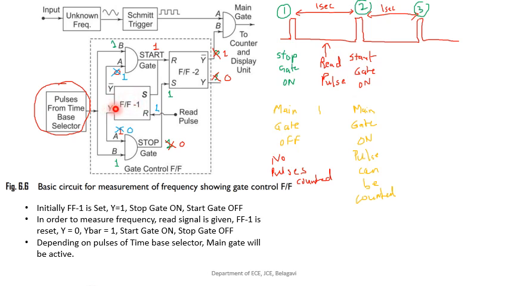So again you will get a 1 here, and again a 0 here. But it has to wait for the next pulse from the time base selector. That means my counting has started at this point.